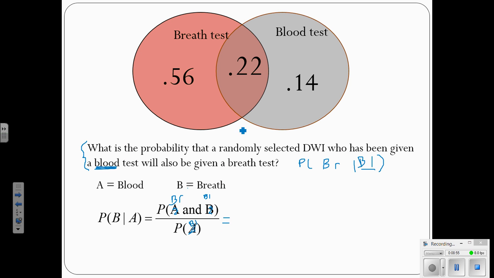We can see the probability of both is 0.22, and then the overall probability of getting a blood test was this whole circle. So that's 0.22 plus the 0.14, which is 0.36, and 0.22 divided by 0.36 is 0.61. So there's a 61% chance that if they've already been given the blood test, they'll also be given a breath test.